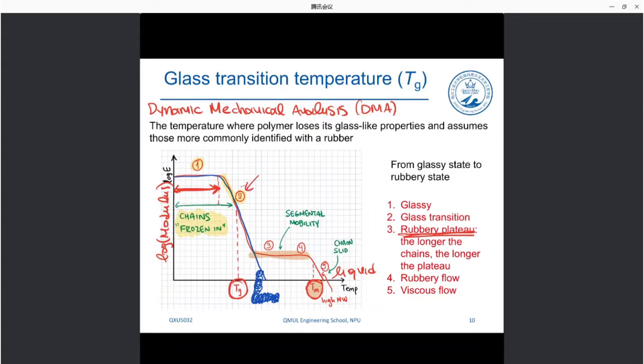Okay, and then from point 2, with further increasing the temperature, we provide more mobility to the chains. Segmental mobility means macromolecular mobility.